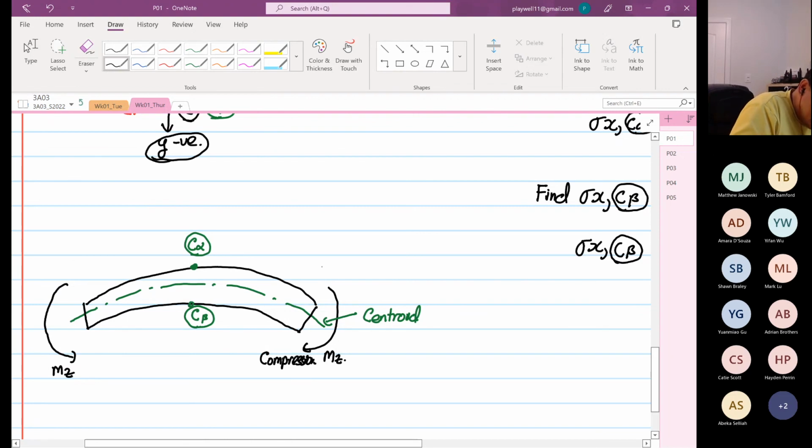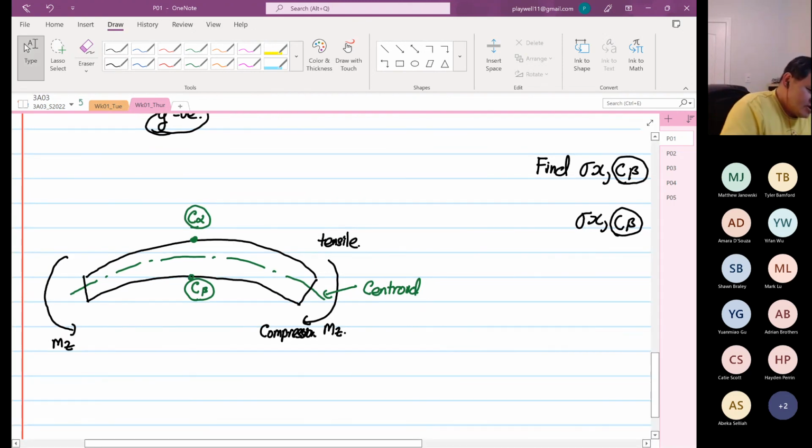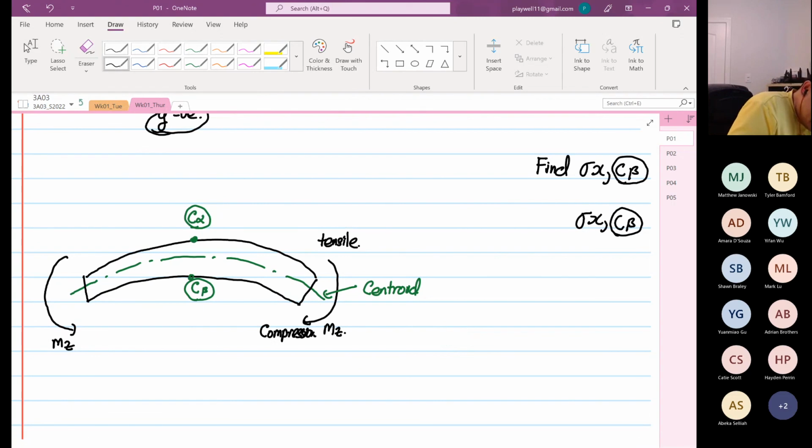The tail is in what? Tensile. That's all you need to remember. Now, I'm going to do the old-fashioned way. The old-fashioned way dictates that we need to know where the center of curvature is. So this is our center of curvature.